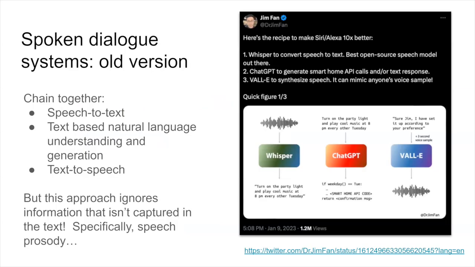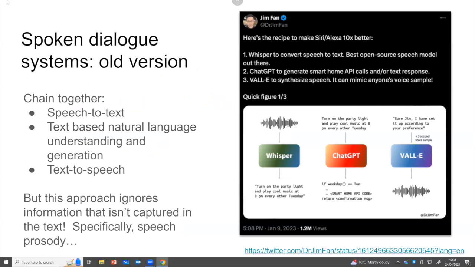And so we have this sort of idea from the past that you can basically do speech and language technology, like spoken dialogue systems, as a kind of chain that goes from speech to text. In the text domain, do natural language processing to do like dialogue management, figure out what the meaning is and things like that. And then if you want to make a response, go from text to speech. So the middle bit is all about text.